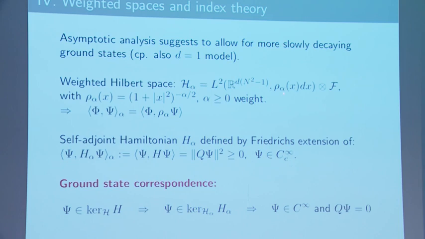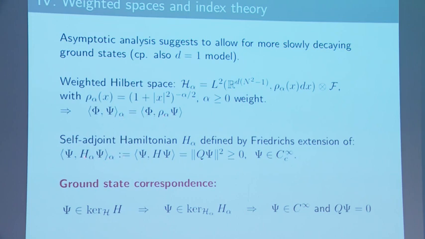So here I change it by adding a weight. It's the original space, L2 of R^d times the N squared minus 1, with values in the Fock space, but then I change the measure a bit. I take this function rho alpha, which is essentially something decaying as x to the minus alpha. So alpha is some weight parameter that I can play with. The new Hilbert space is just related to the old one with this function rho alpha.